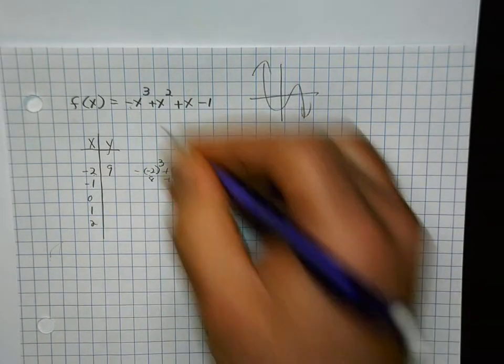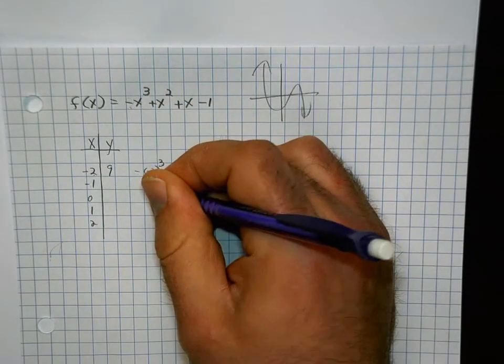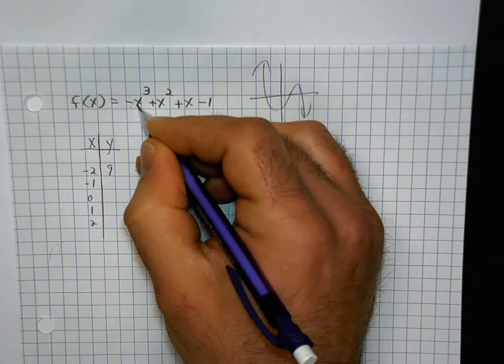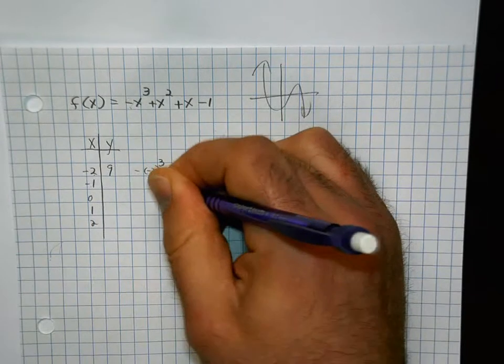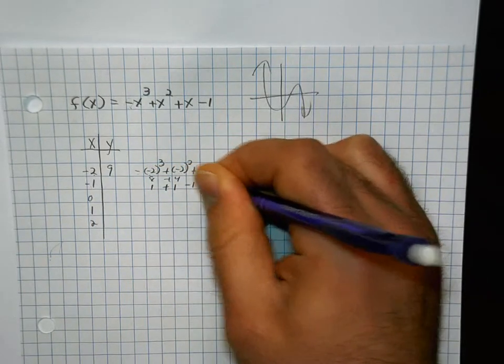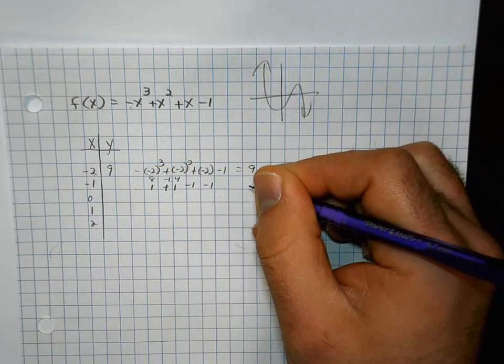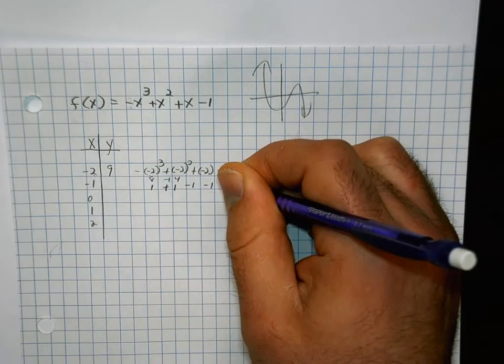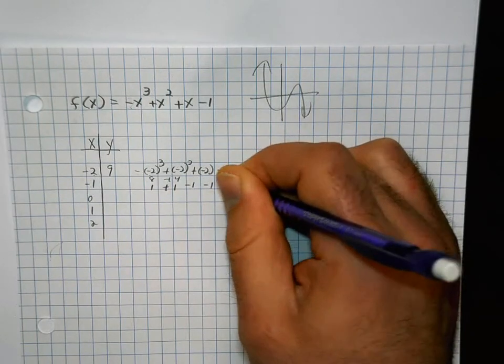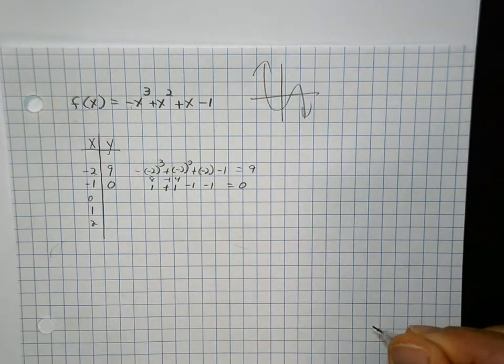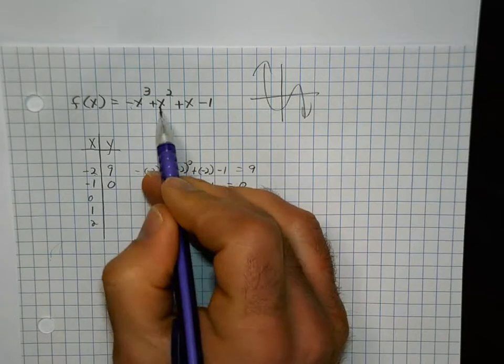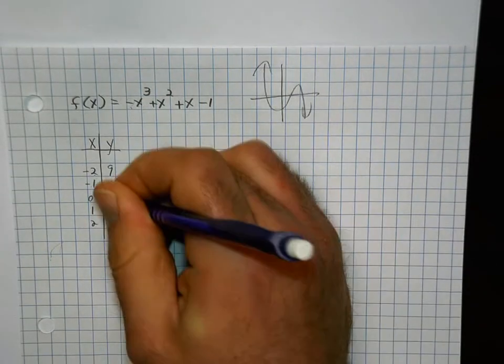Plug -1 in there. Let's see what we get for -1. So -1 cubed is -1, times that is going to give me 1, plus 1, minus 1, minus 1. Looks like I get 0. Plug in 0, which is easy because I get 0 plus 0 plus 0 minus 1, which is -1.